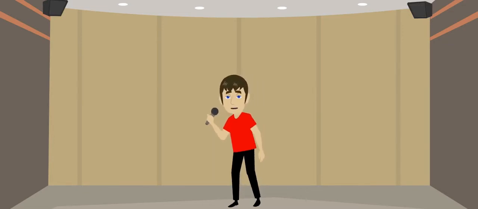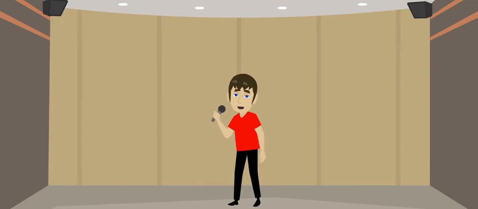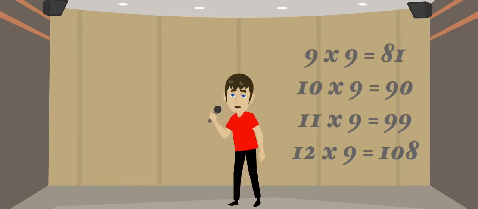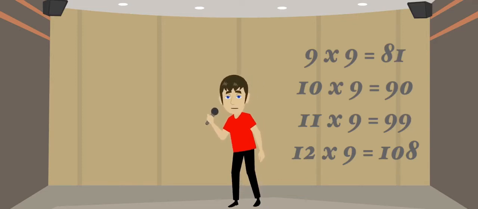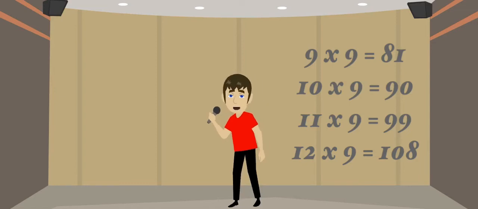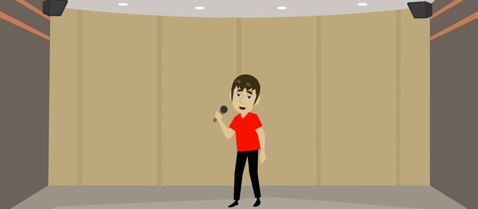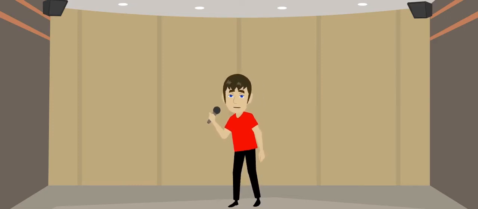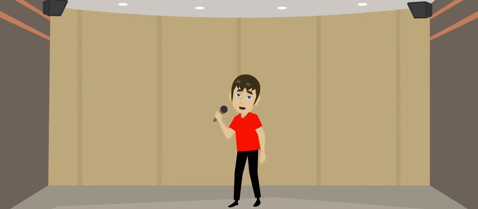Let's multiply by 9. 9 times 9 is 81. 10 times 9 is 90. 11 times 9 is 99. 12 times 9 is 108. 9s. Multiply by 9. 9 is all around. Multiples are found.